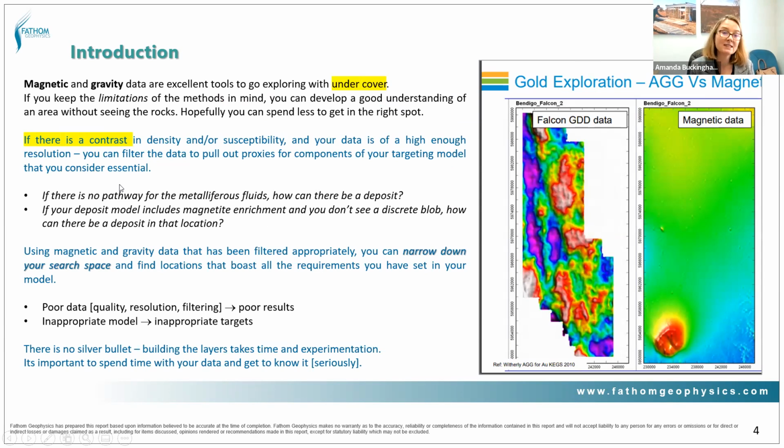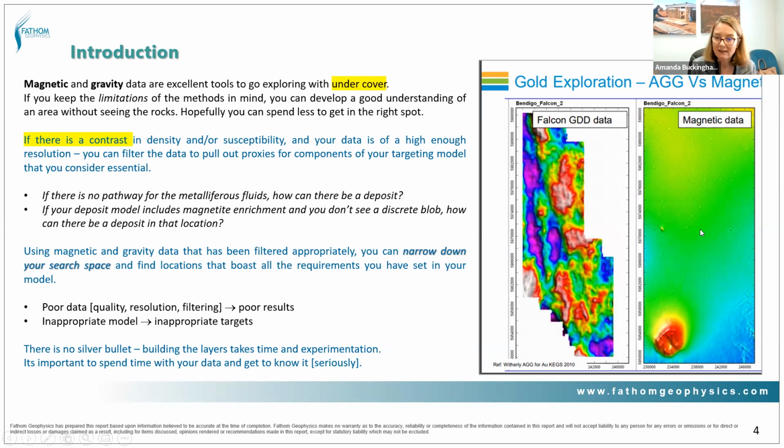Like I said earlier, we're relying on there being a contrast in a physical property for the methods to exist. Now, I really like this example. It's Excalibur's promo PDF on using airborne gravity gradiometry data in Victoria. And you can see on the right that we've got the magnetic data, and on the left, we've got the gravity data.